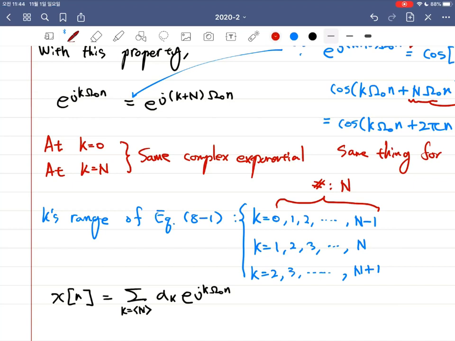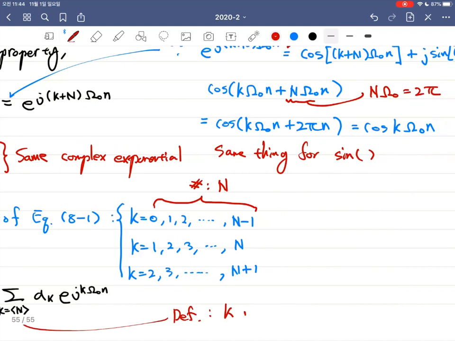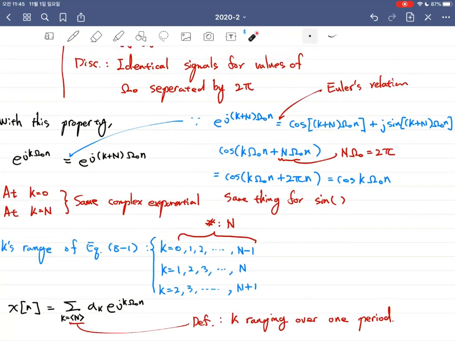So our new notation here, with this special bracket, means you are going to do the summation over just one period. Okay?